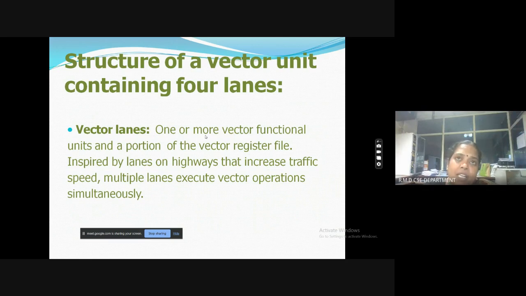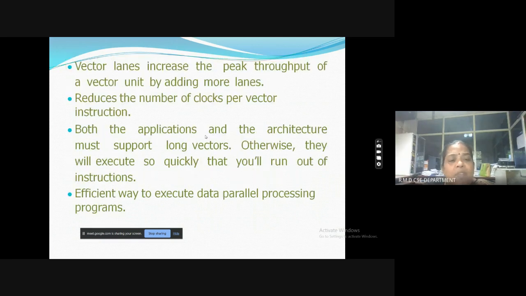When we are standing at the signal, we have to be separated into lanes, right? In the same way, multiple instructions are executed simultaneously. Like standing in the toll booth to pay the amount, various vehicles stand in parallel, and likewise various instructions are executed. That is the use of a vector lane.